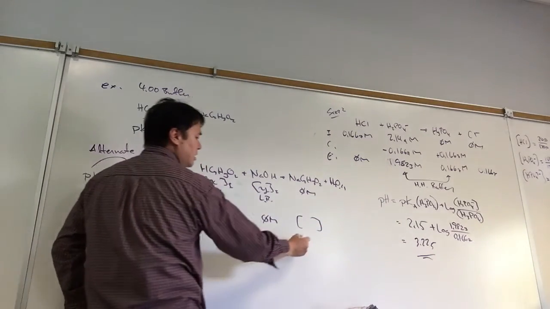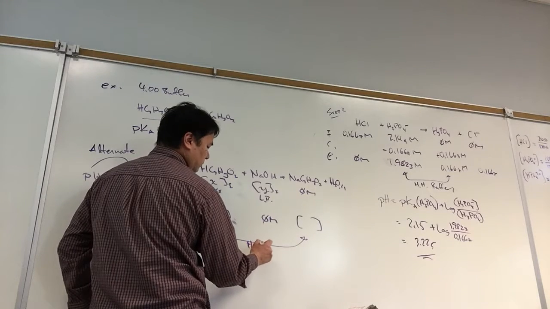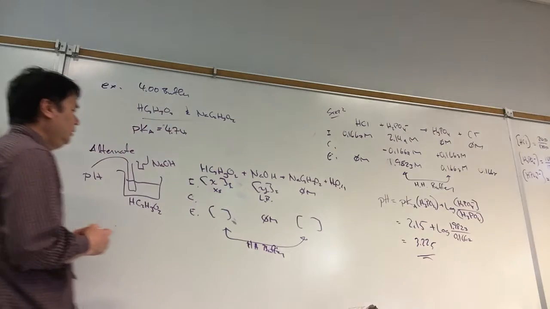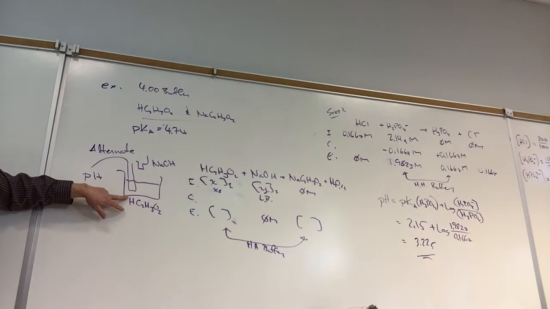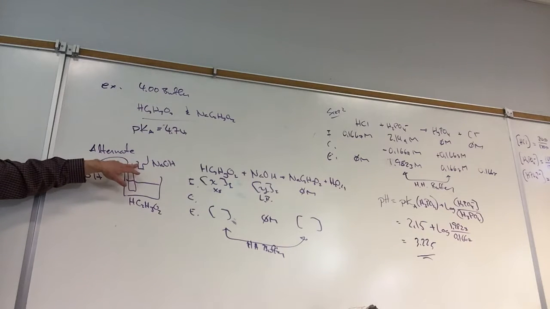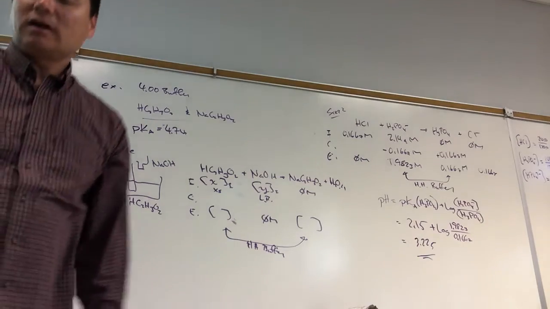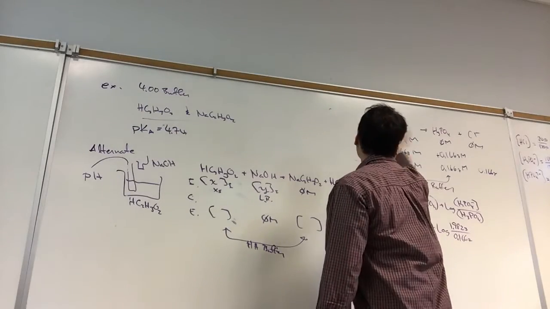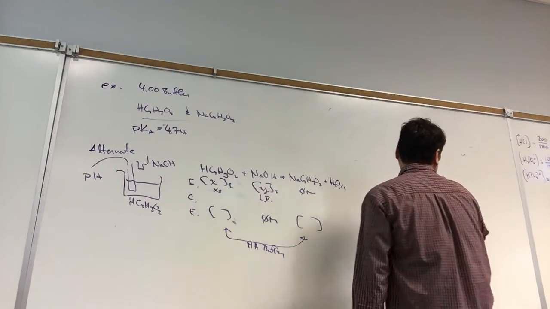And then this ends up being a buffer, an HA/A- buffer. So even though initially this doesn't look like it would make a buffer solution, it does as long as the sodium hydroxide is limiting. Well, let's figure out what that ratio has got to be. So why don't you calculate the ratio?